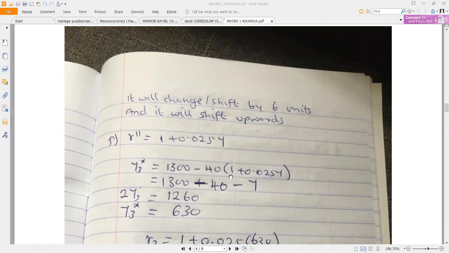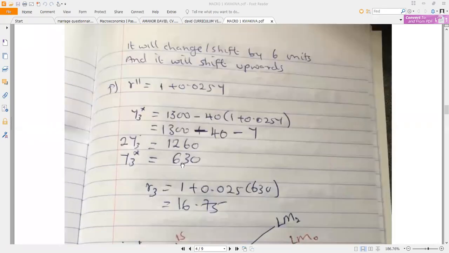Minus 40 times 1 gives us minus 40, and then minus 40 times this gives us minus Y. Bringing it here, we have 2Y. Simplifying, we have 1260, so divided by 2, the new equilibrium income is 630. There's a reduction from the initial one. For the interest rate, you put the 630 into the new LM curve, and we get 16.75. So you see there's an increase.